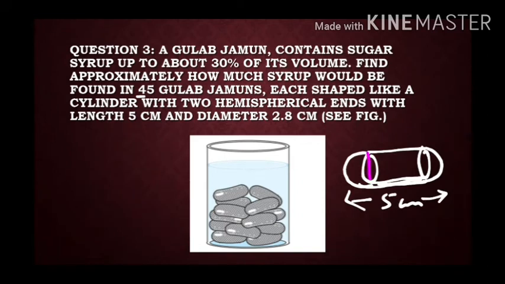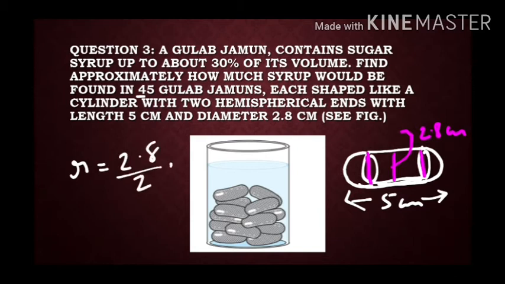So, you can say this pink portion, this is the diameter of this gulab jamun, given as 2.8 centimeter. So, you can easily say that this gulab jamun is made by one cylinder and two hemispheres, and for these three parts the radius is equal to 2.8 by 2 centimeter, that is 1.4 centimeter.